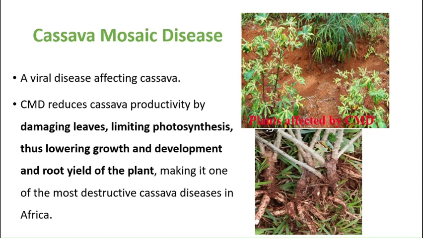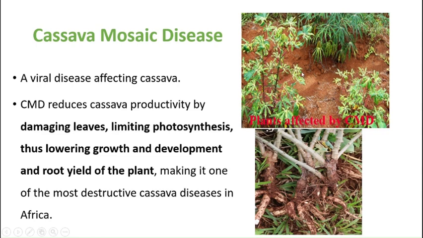Because the disease damages the leaves, and that limits the process of photosynthesis, which lowers the amount of food that can be manufactured. And once there is less food, automatically growth and development of the plant will be limited, and even the amount of food stored in the roots will also be reduced seriously. And automatically, to farmers, that leads to serious losses.